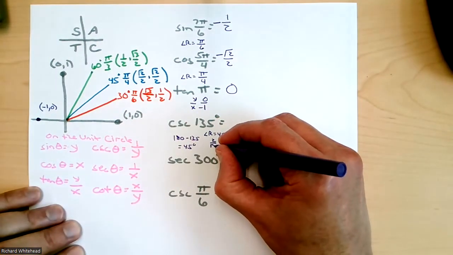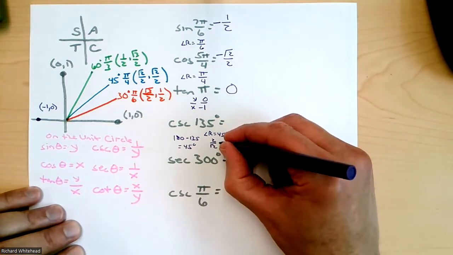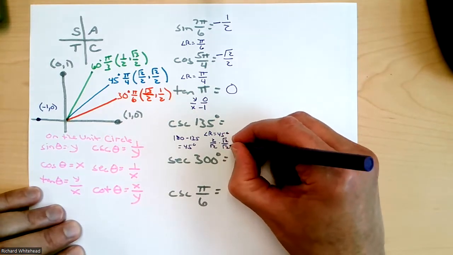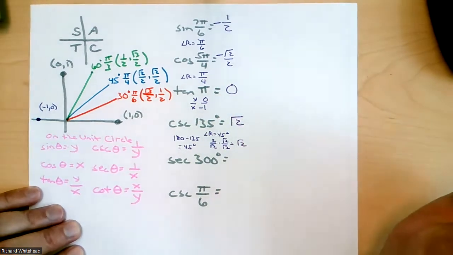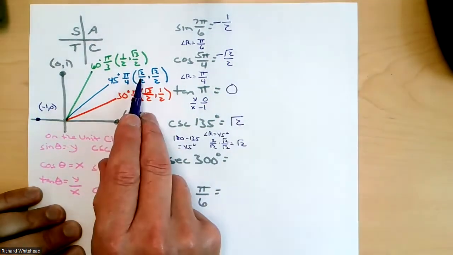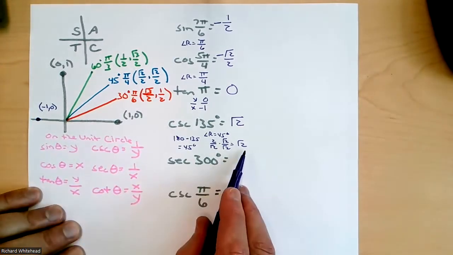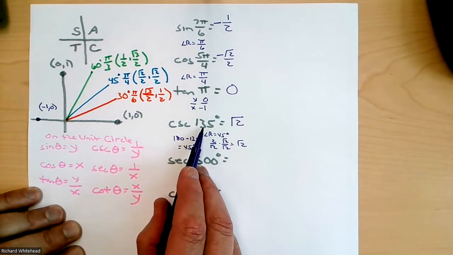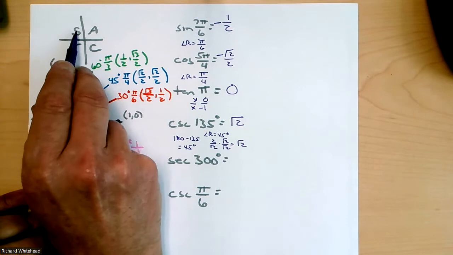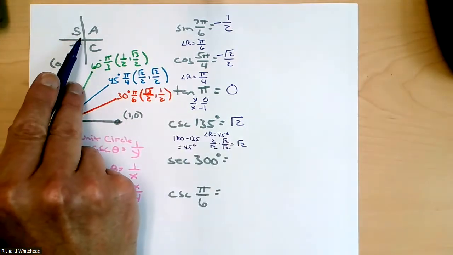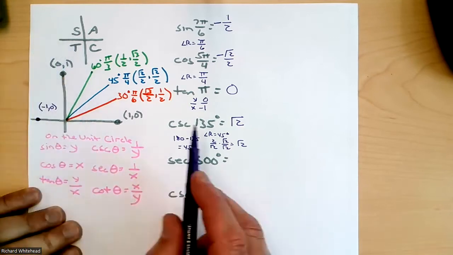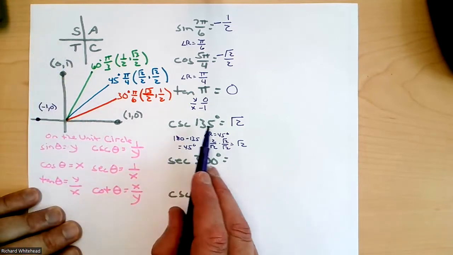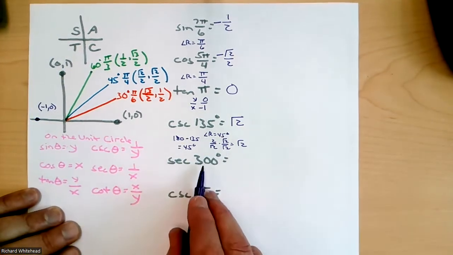So 2 over root 2, which we should know just comes out to root 2. The reciprocal of 2 over root 2 is just plain root 2. Uh-oh, 135 is second quadrant. In the second quadrant, sine and its reciprocal are positive. Cosecant's the reciprocal of sine, so it stays positive.